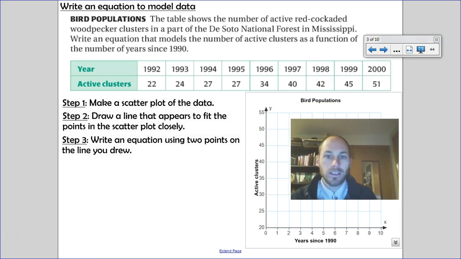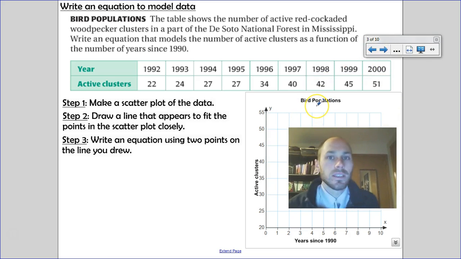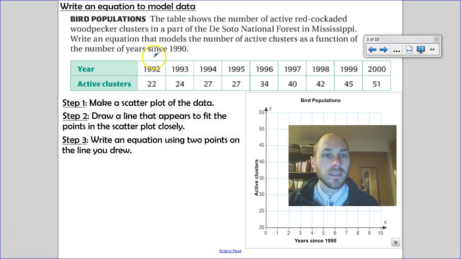All right, so let's take a look at some real data. The table shows the number of active red-cockaded woodpecker clusters in a part of the DeSoto National Forest in Mississippi. We want to write an equation that models the number of active clusters as a function of the number of years since 1990. So if the year is 1992, that would make this year 2 since 1990.